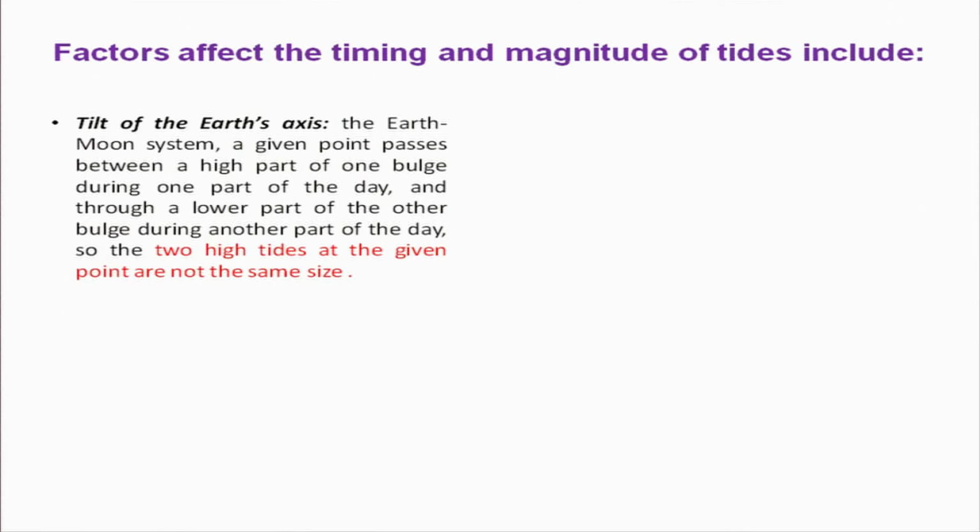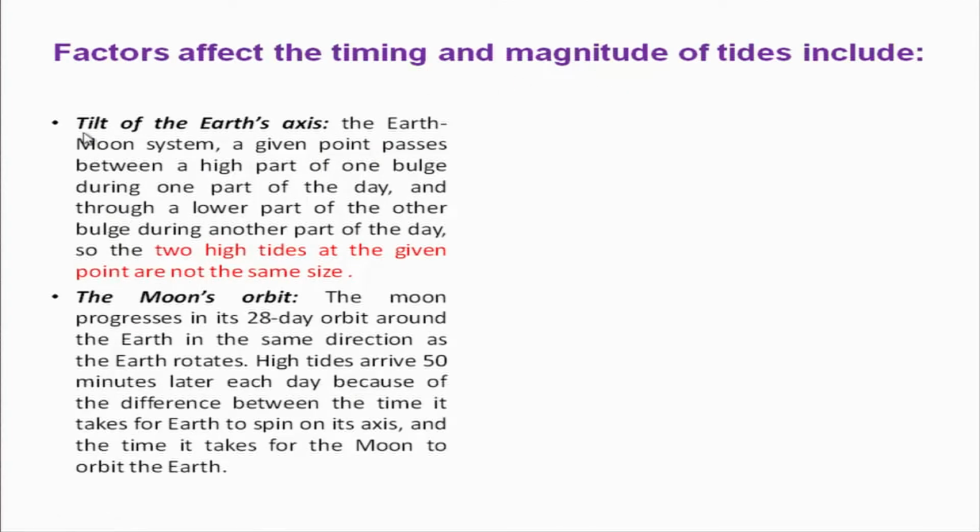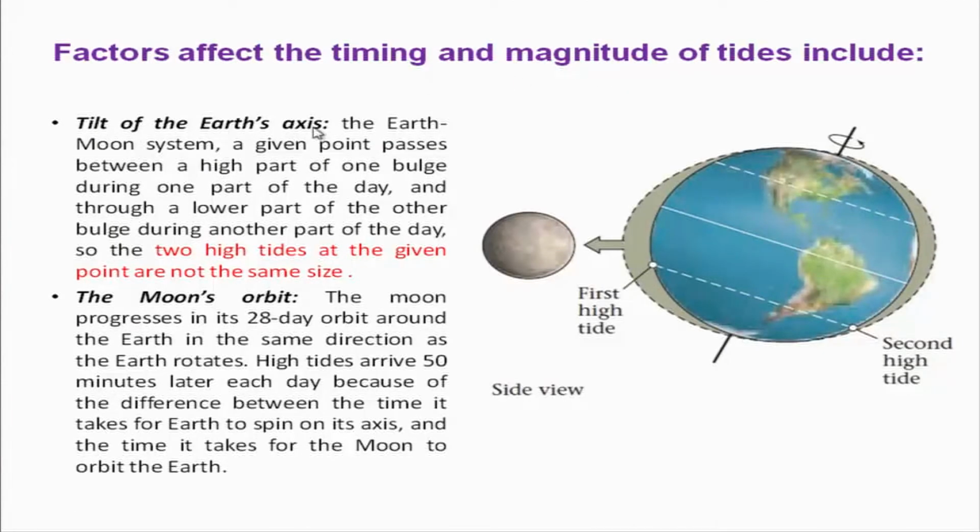Now, as we have been talking about, the waves will play an important role. So the factors affecting the timing and the magnitude of the waves. So having the magnitude in terms of the height of the tidal waves. So mostly the tilt of the earth's axis and the rotation, or you can say the moon's orbit, will play an important role.